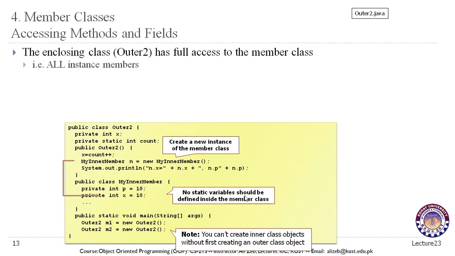Note that you cannot create inner class objects without first creating an outer class object, and this is where it is different from static nested classes, where we were able to create objects of our inner classes without the object of our outer class.